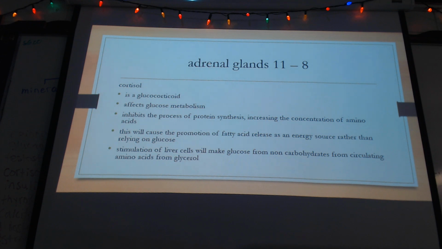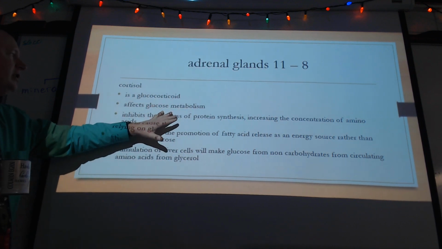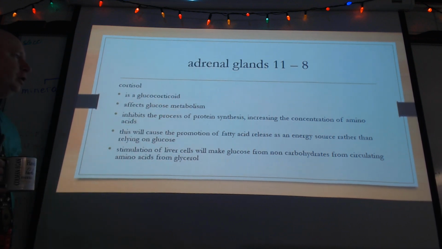So we categorize this as a glucocorticoid just because of its function of what it does. As you can see, it affects the glucose metabolism. Now, one of the, hold on, I want to say, pepsin is not the only enzyme that breaks down proteins.